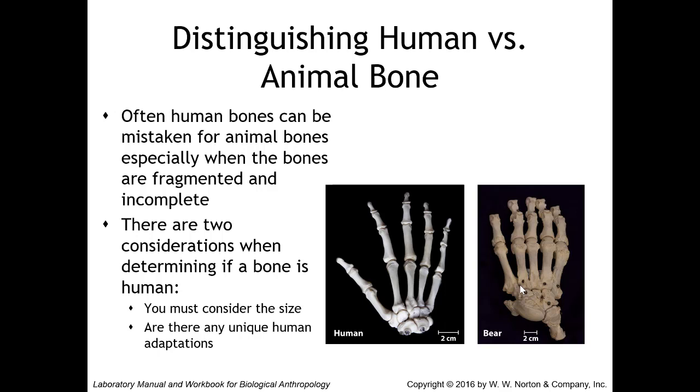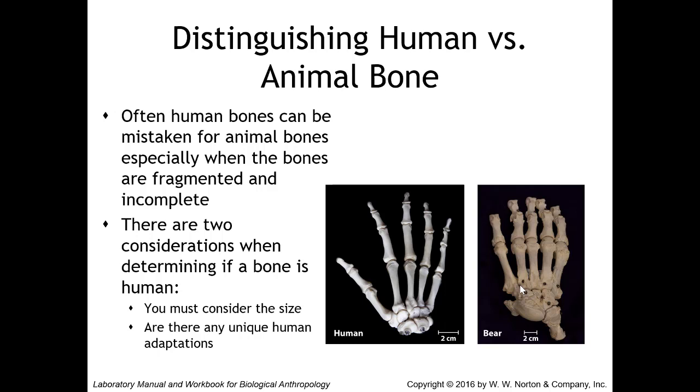S-shaped vertebral column, bowl-shaped pelvis, the longitudinal arch in the foot, non-divergent hallux or big toe, and there's something else that I'm missing right now. But we have these adaptations for bipedal locomotion, so that would help determine if these bones are human or not.